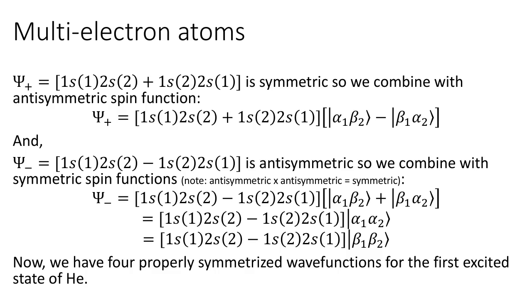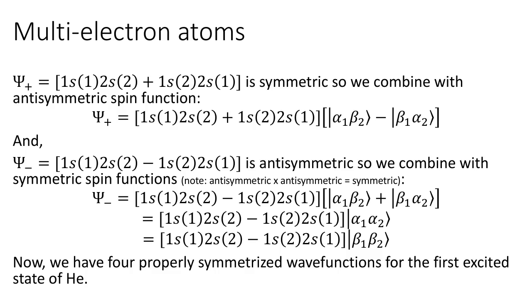So if we want a total wave function that is antisymmetric, we have to use the antisymmetric spin function that we used for the ground state. The second superposition of the orbital functions is where we subtract the two, and it's antisymmetric with respect to the pairwise permutations, for the same reason the spin function was before.